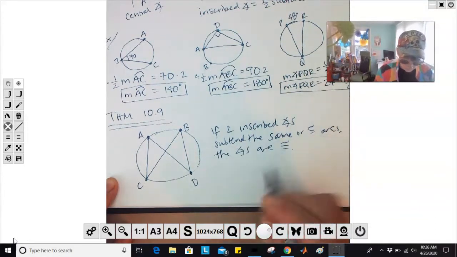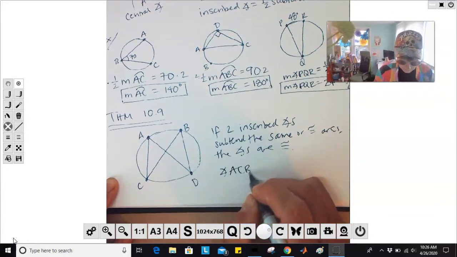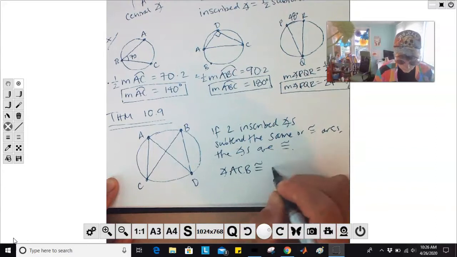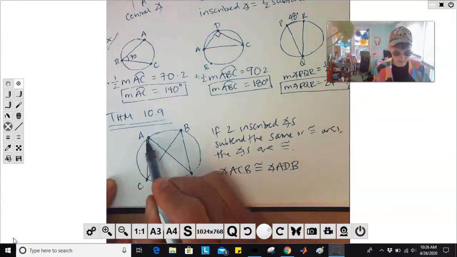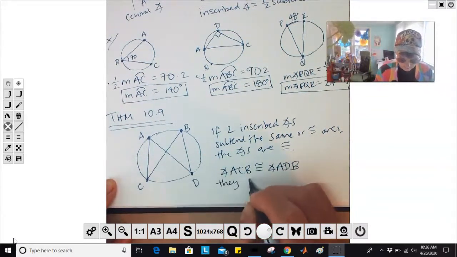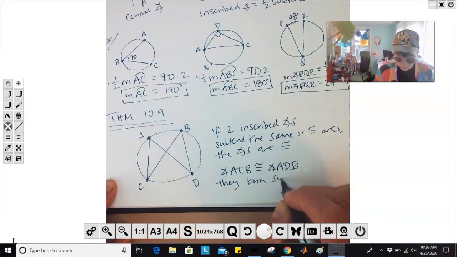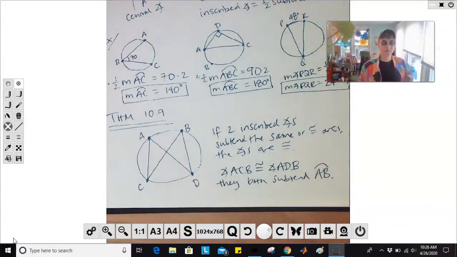So in this case, angle ACB is congruent to angle ADB because they subtend the same arc. Both subtend arc AB. Fabulous. All right, we've got two more theorems.